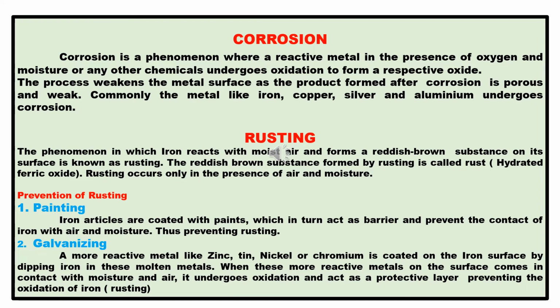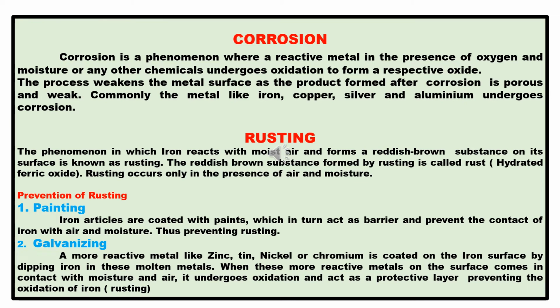We say that gold and silver are non-reactive metals, but silver can undergo the process of corrosion to a certain extent. You know the silver jewels we wear, we use. After using for some time, its color will become faded. So that is corrosion.